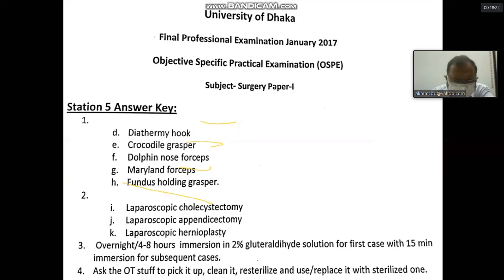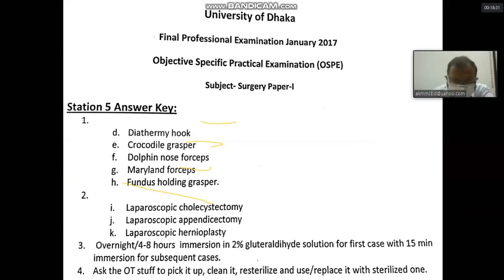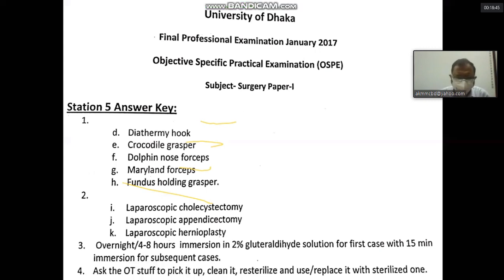This is the most important question. See, in the number 3, there is overnight 4 to 8 hours immersion in 2% glutaraldehyde solution for the first case, with 15-minute immersion for subsequent cases. You have to write down the whole thing. Overnight, 4 or 8 hours immersion.